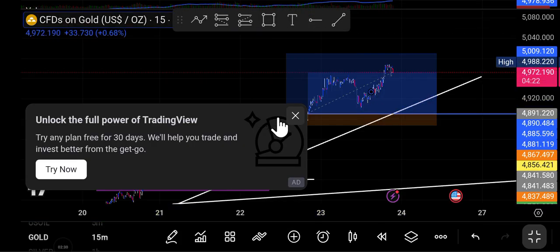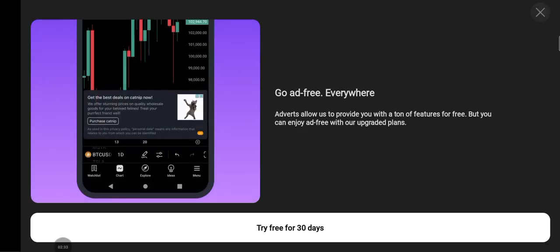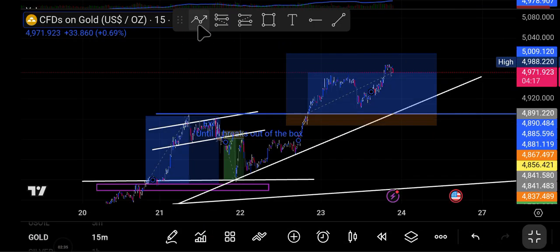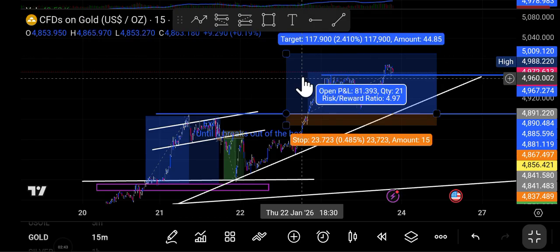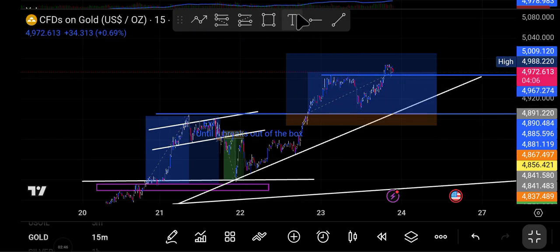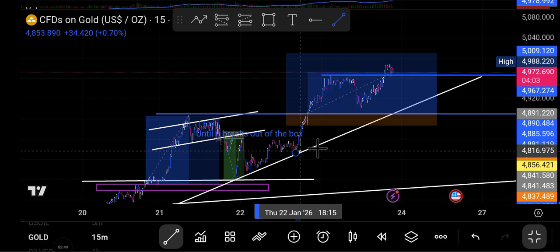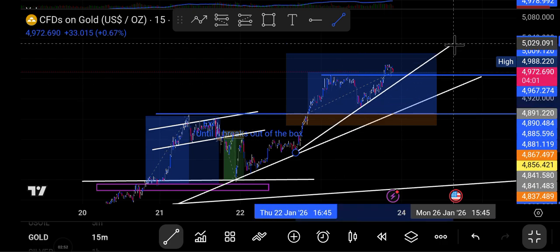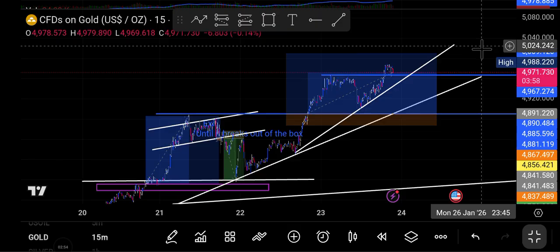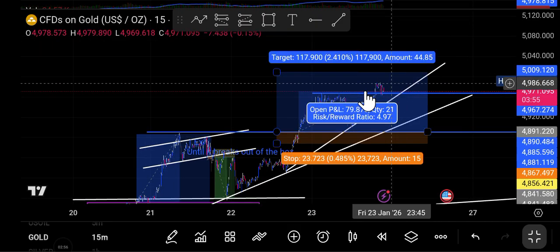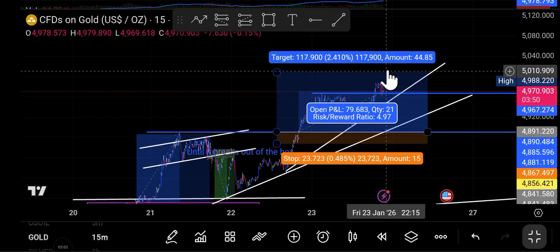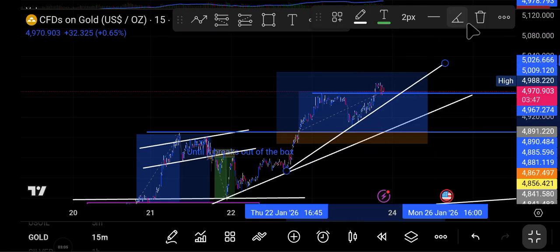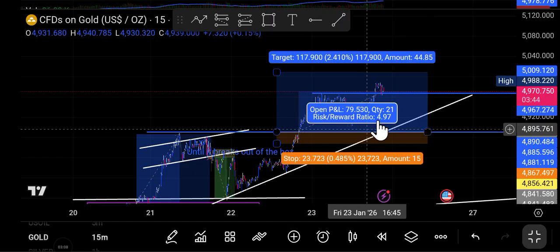So we have this resistance over here, as you can see, and then we have this minor trend line over here. You see, there is again an ascending triangle forming over here and a breakout. So this is a breakout and a retest before we go to the upside. Okay, that's how it looks.